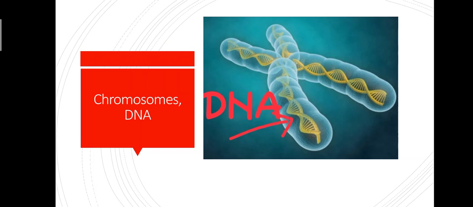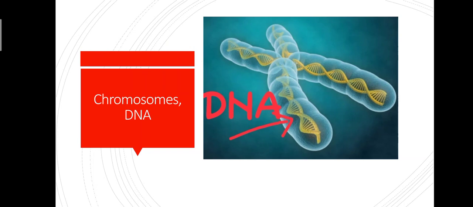Chromatin fibers present in the nucleoplasm are composed of DNA. At the time of division of the nucleus, chromatin fibers get condensed and form chromosomes. These chromosomes carry genes.